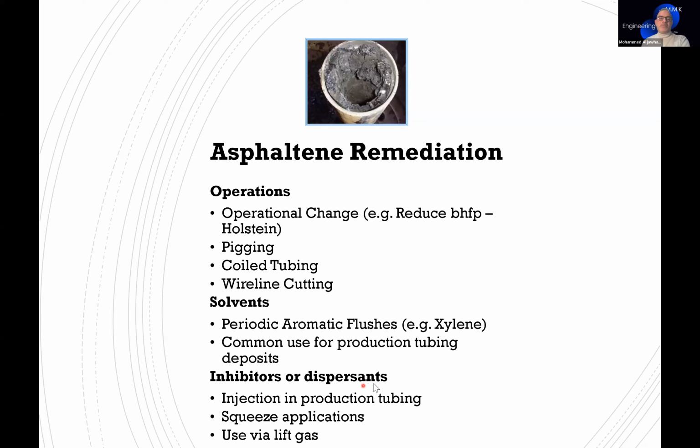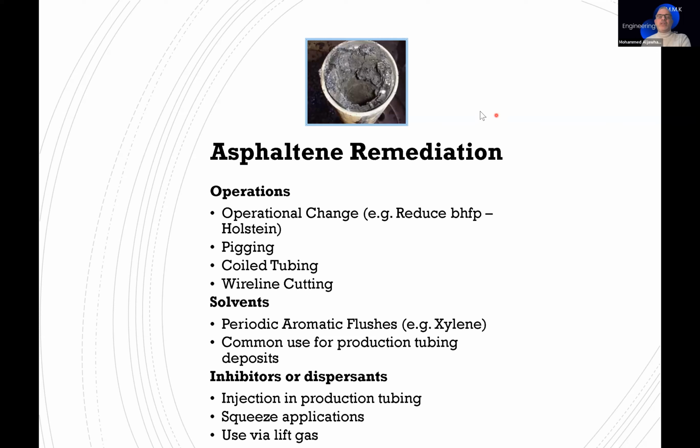Inhibitors or dispersants injection in producing tubing. So injecting these inhibitors to inhibit the asphaltene from precipitating inside the wellbore or the surface facilities can help us remove this asphaltene from the production system, or squeezing or using a gas lift to remove this asphaltene.